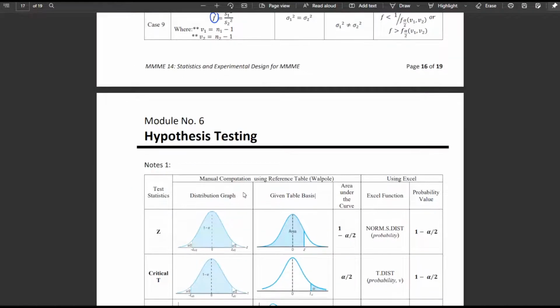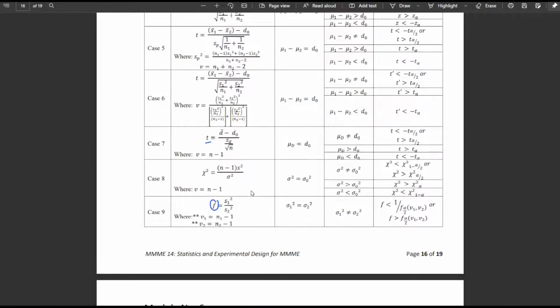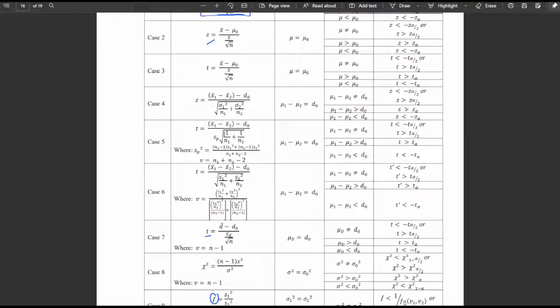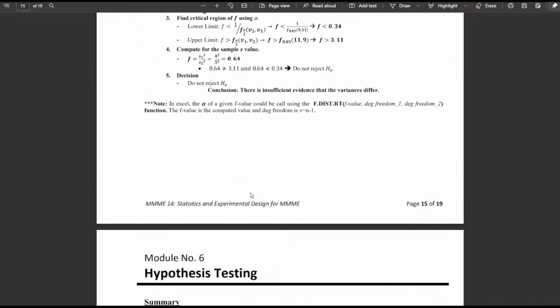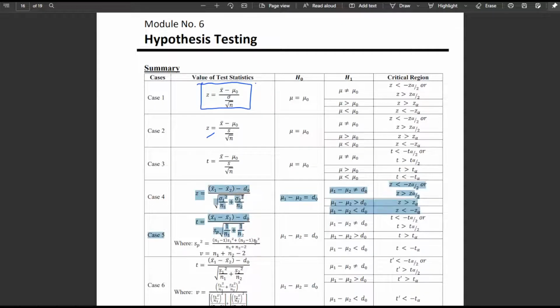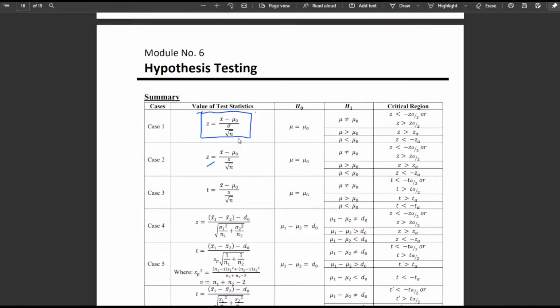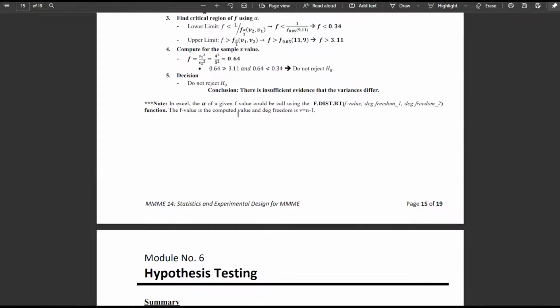Sometimes we need to, lalo na pagka case 5 and 6, where 'di ba pagka case 4, it is known yung population standard deviation. Tapos dito sa case 5 and 6, unknown yung population standard deviation. Pero sa case 5 is assumed equal, case 6 is assumed na unequal sila. So in some cases, before you can proceed with determining if it's either case 4 or case 5, kailangan nyo muna i-determine through case 9 kung ano yung relationship ng variances nila.